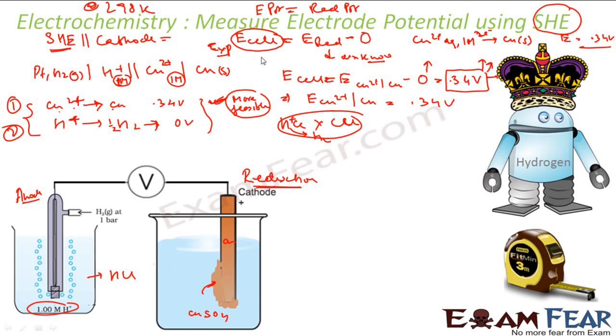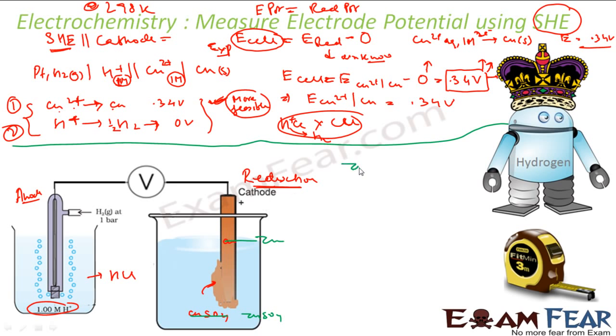Correct? Let's find the same thing for zinc now. So instead of copper, we'll put zinc here, and we'll put zinc here. Now since we are putting zinc on the reduction side, we have to write the reduction reaction of zinc. Correct? So here the equation of the cell will be what?